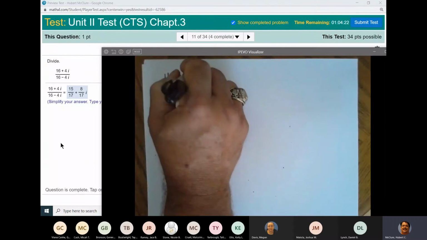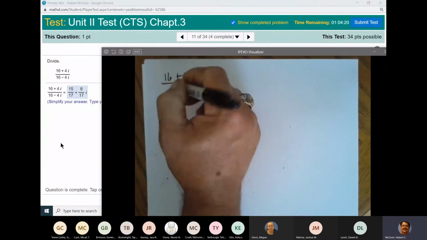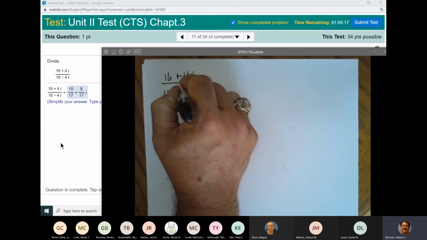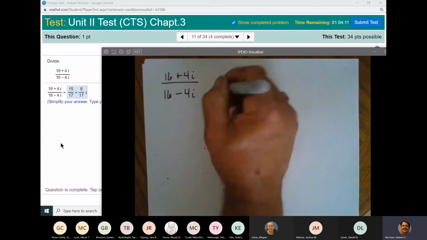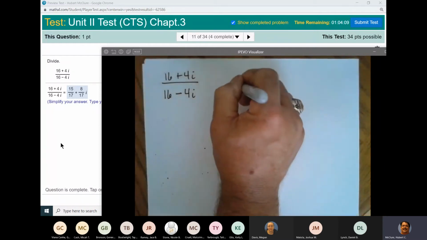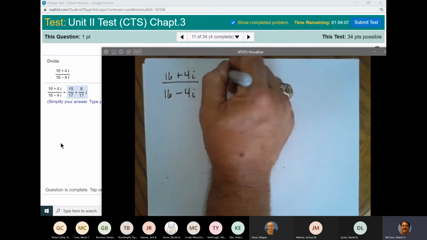16 plus 4i over 16 minus 4i. I'm going to multiply both sides, or the top and the bottom, by 16 plus 4i over 16 plus 4i.